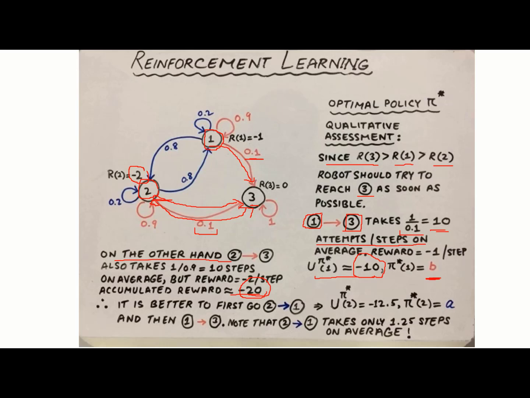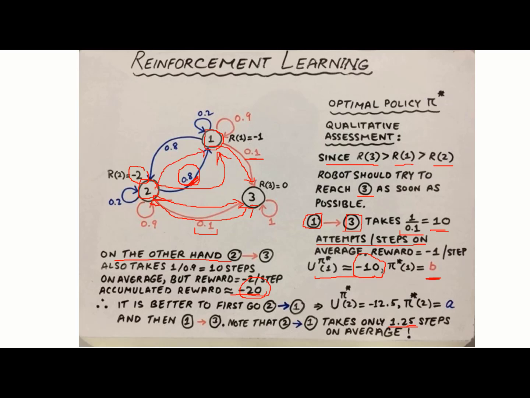Therefore, if you're in state 2, it is better to first try to reach state 1, which can be done rather successfully using action A. In state 2, take action A and you can get to state 1 with a very high probability, that is 0.8. So on average, it takes only about 1.25 steps to go from state 2 to state 1.